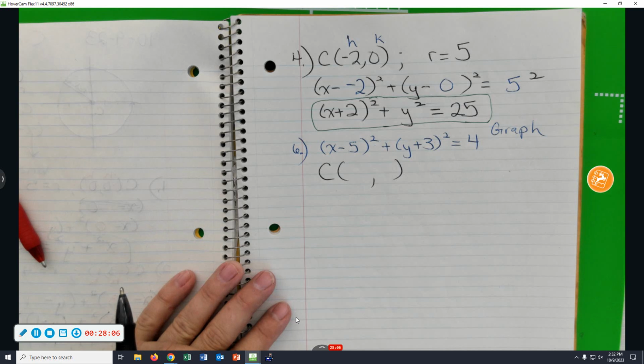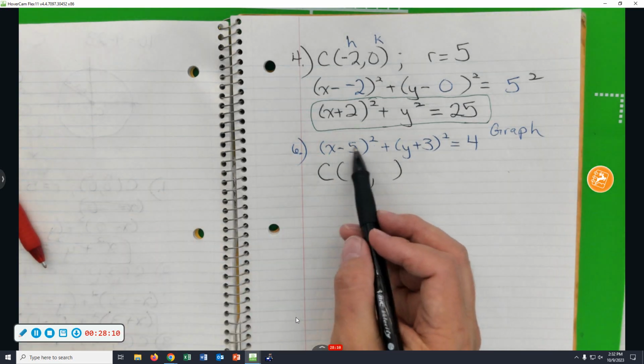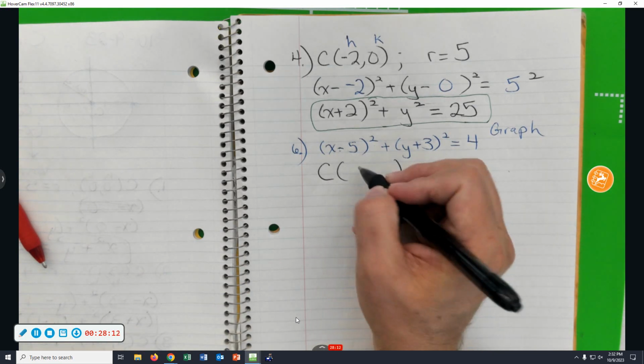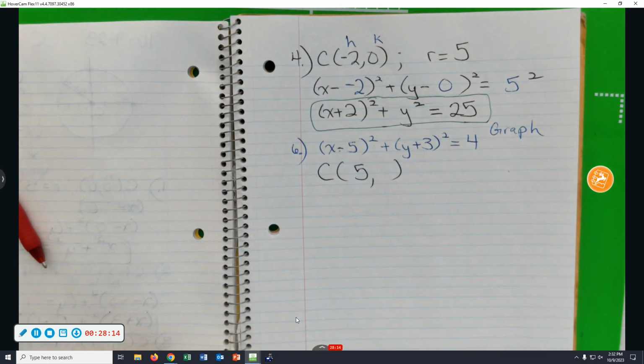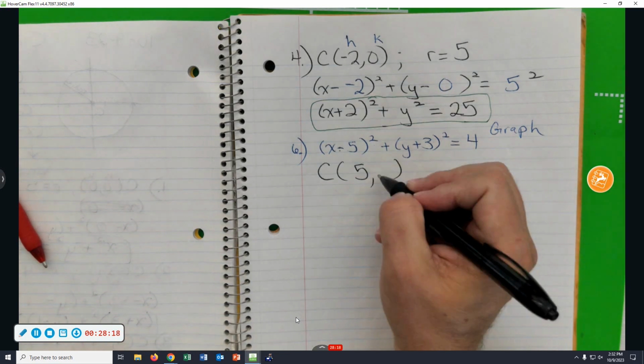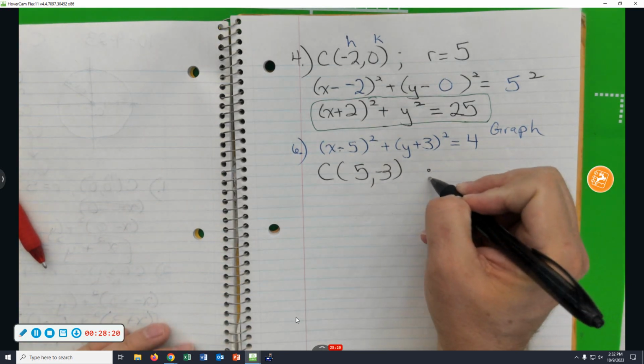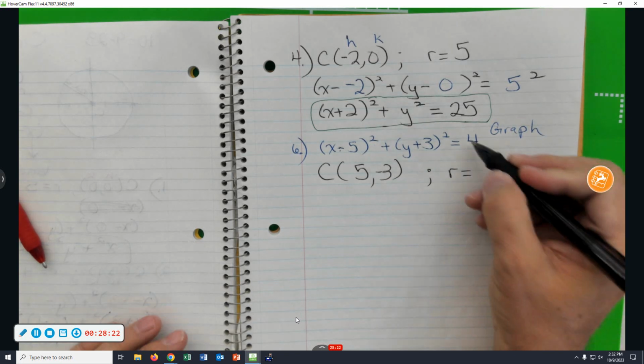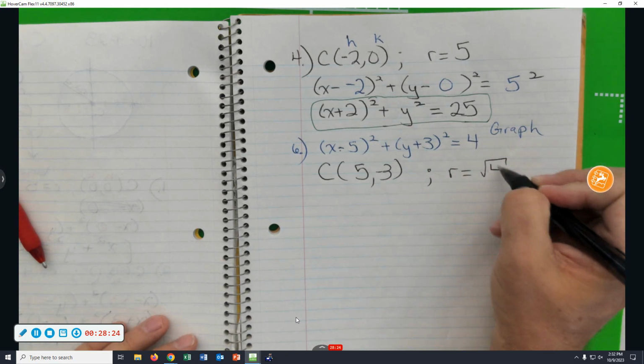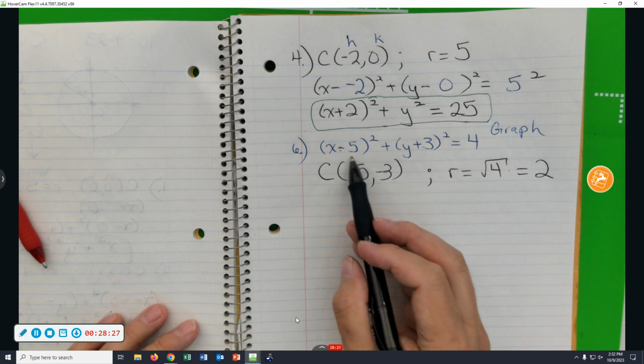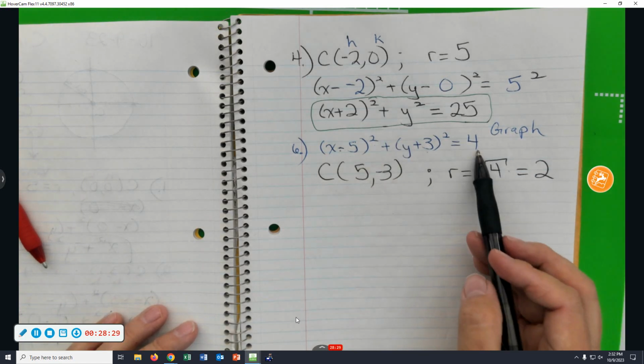What's the x-coordinate of the center going to be? Okay, change sign so that minus 5 you see there becomes a positive 5. What's the y-coordinate going to be? Negative 3. What's the radius going to be? You take the square root of that number, which gives you 2. Change sign, take the square root.